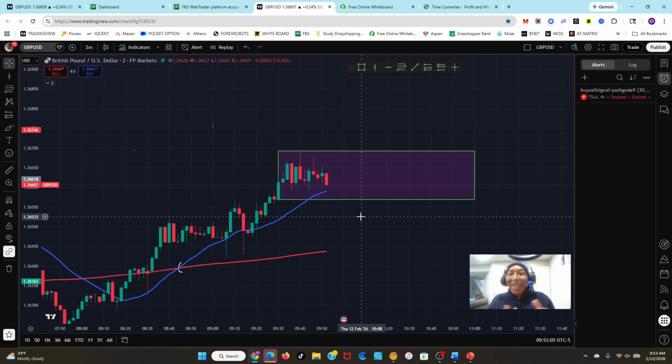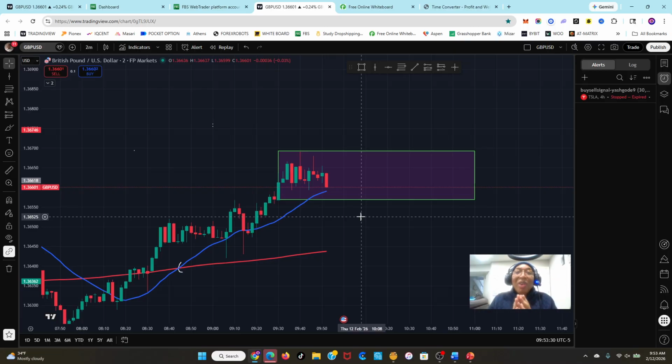But if it is so complicated that you're still waiting for 3 points, 4 points, 5 points to check off before you can take a trade, then my friend, you're always going to be missing opportunities, and you're likely to come in when the market is just about to make a turn, and boom, you lose. So the best thing is to make it simple. Keep it simple, stupid. The KISS strategy works.